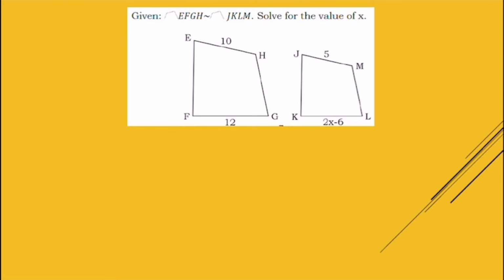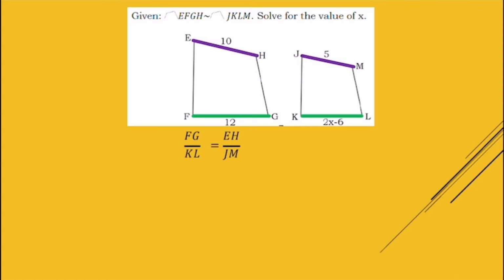After that, let's solve by applying the fundamental rule of proportion. So from here, we're going to get the corresponding sides of line segment FG over KL is equal to line segment EH over JM.